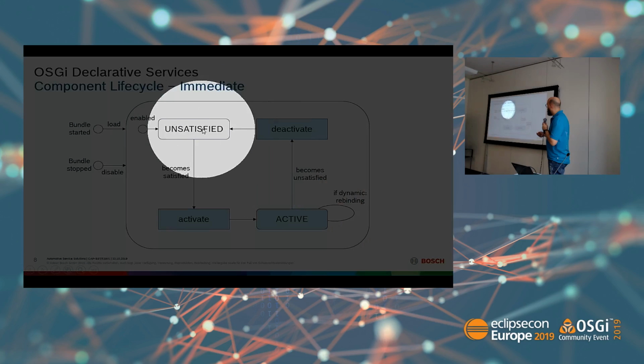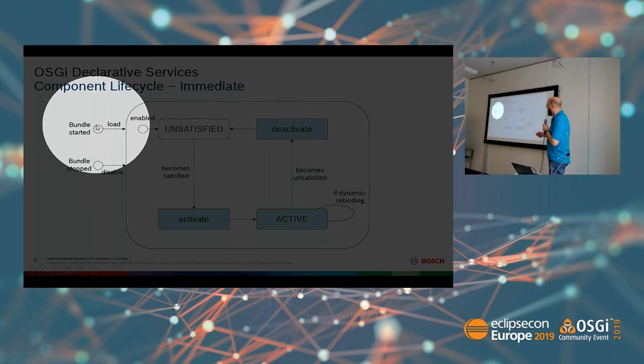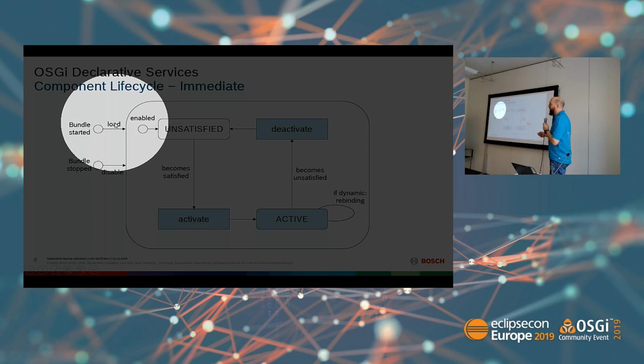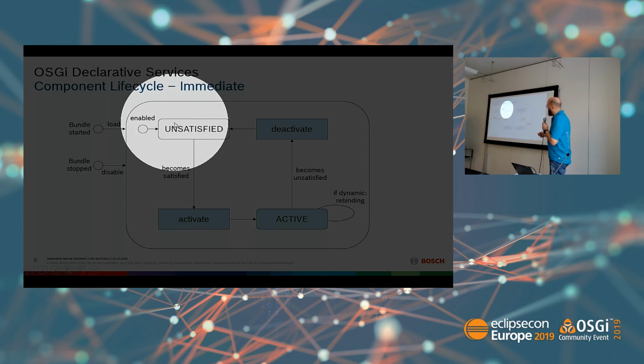you can see for the immediate component, when the bundle starts, it loads the component definition, the component XML. Then whether it's enabled or not, you can even specify that a component should not be enabled by default and do this programmatically at runtime, but typically they are enabled.